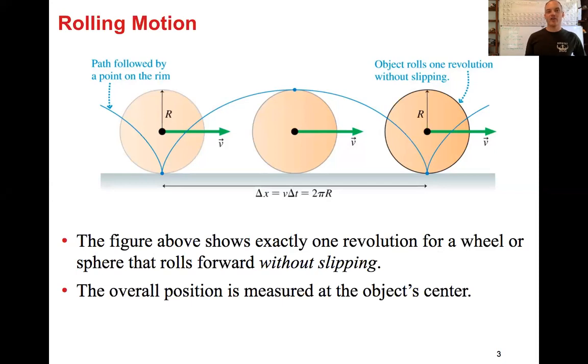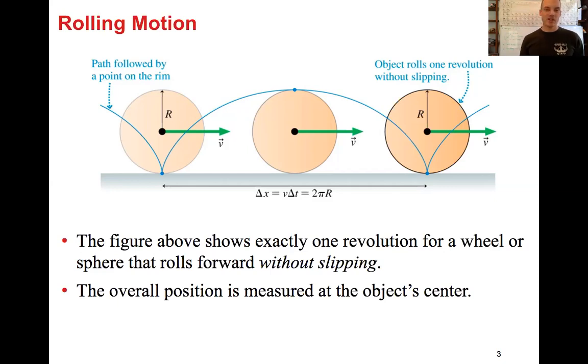So you can see it from the origin to the top, back down to the origin. This is for a sphere that's not slipping, so it has good contact with the ground, and the wheel isn't burning out or anything like that. Our position is typically measured from center to center, or leading edge of the sphere to leading edge of the sphere, whatever it is.